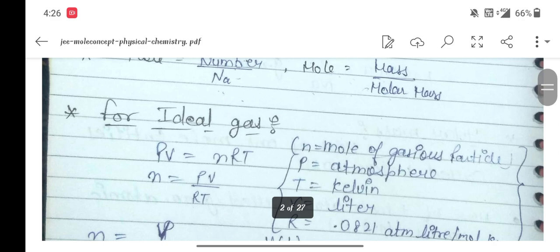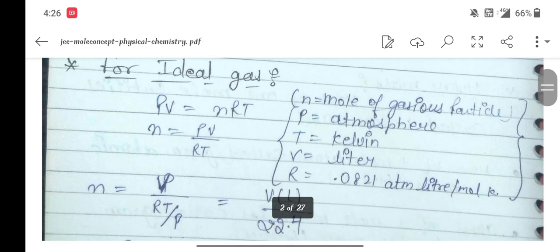Now the ideal gas formula is PV equal to nRT. Here n is the moles of gaseous particles, P is in atmosphere, T is in Kelvin, V is in liter, and R is 0.0821 atm liter per mole Kelvin. So n is equal to PV by RT.